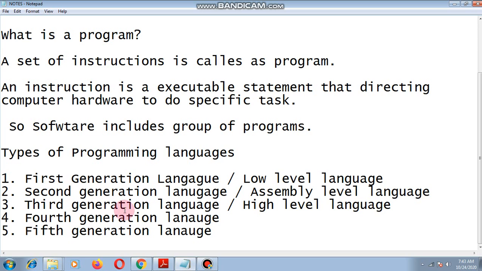In first generation programming languages, computer programs are written using zeros and ones, that is machine level, and these zeros and ones are not understood by human beings because it is very difficult to learn.